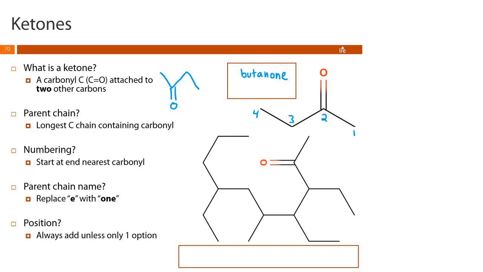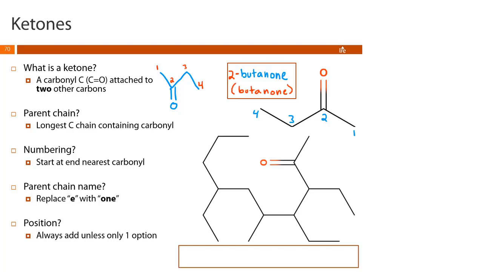Well, now we would just have to number our carbon chain in the opposite order, and the carbonyl is still position 2. So for a 3-carbon ketone or a 4-carbon ketone, position 2 is the only place the carbonyl can be. So if you tell me the name of this molecule is 2-butanone, you will get 100% credit, but you will also get 100% credit if you just say butanone.